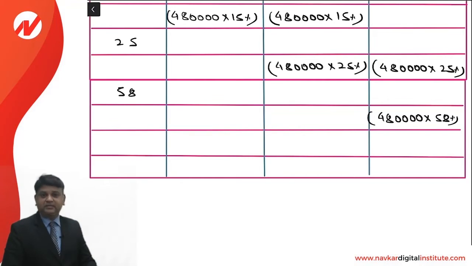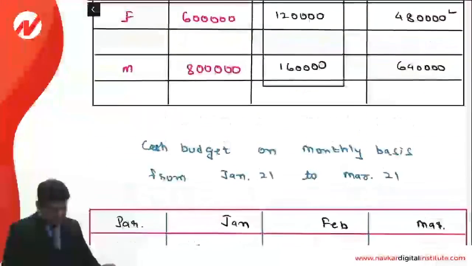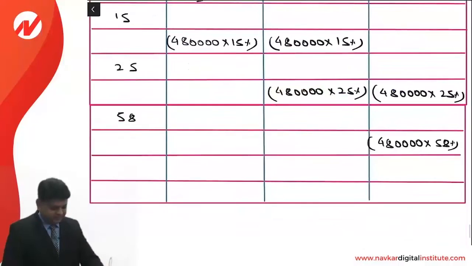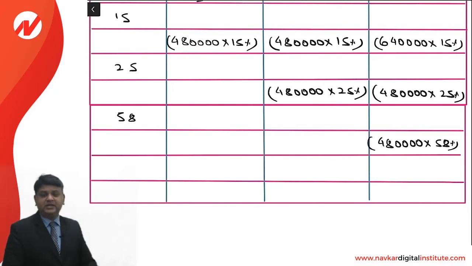That will be collected in March and the remaining will be collected in April. But we are not concerned with the collection after March. As far as the credit sales of March is concerned, it is 6,40,000. So 15% of 6,40,000 will be collected in the same month. The remaining will be collected in April and May, but we are not concerned with that.